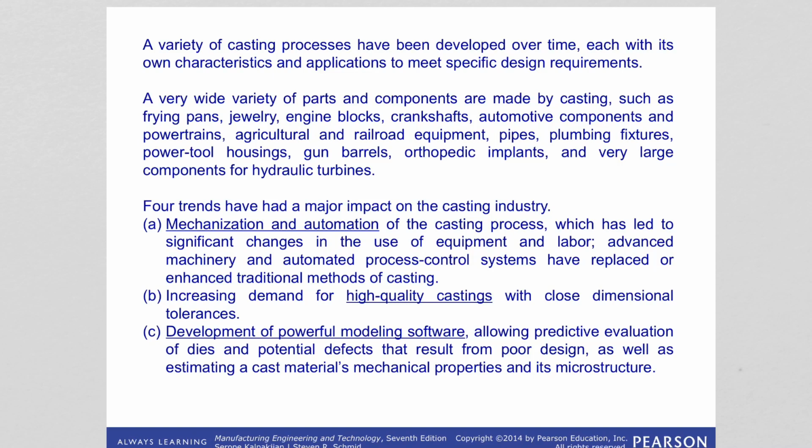There are four trends that are affecting the casting industry. One of them is mechanization and automation of the casting process, because this will reduce labor, and it also causes significant changes in the use of equipment. To do that, of course, we need advanced machinery and automated process control systems. Also, there is an increasing demand for high quality casting with very close dimensional tolerances.